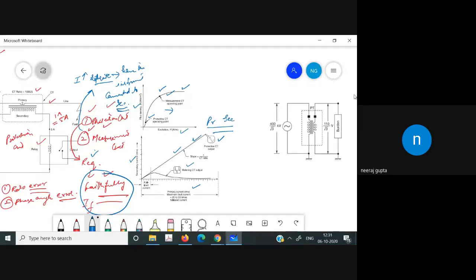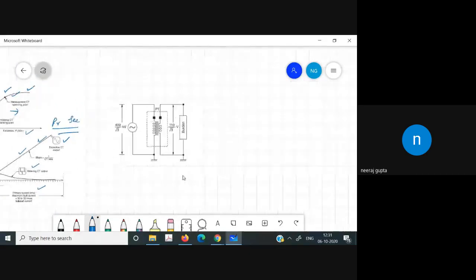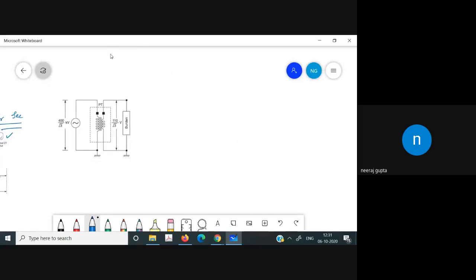Now, second is the voltage transformer. As you know, we are using the CTs, current transformers, in series, and the second one is the potential transformer or the voltage transformer, which is used in parallel.